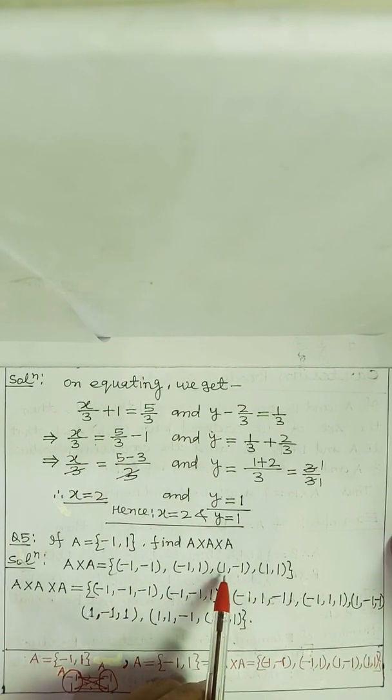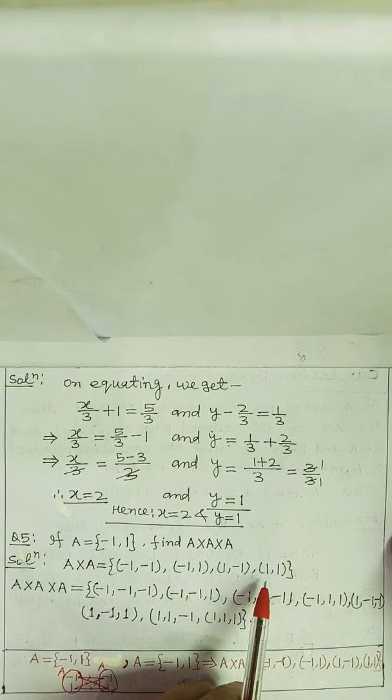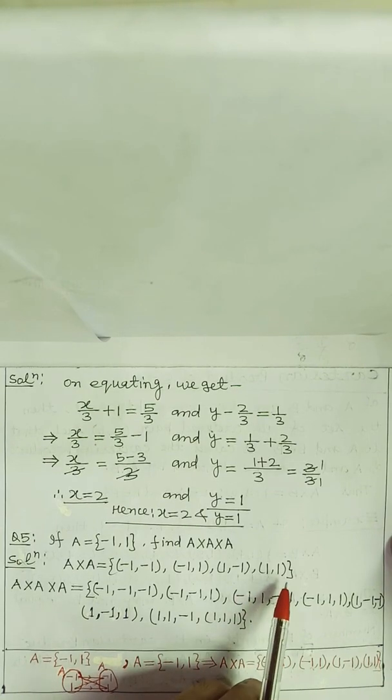So A cross A equal to {(-1, -1), (-1, 1), (1, -1), (1, 1)}.